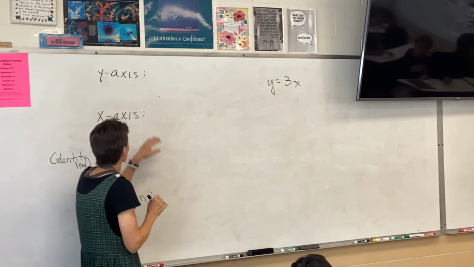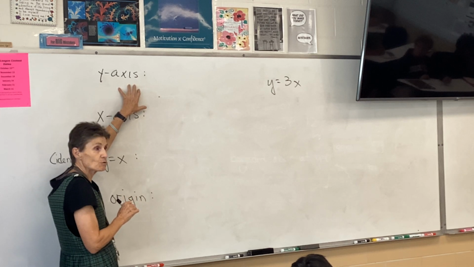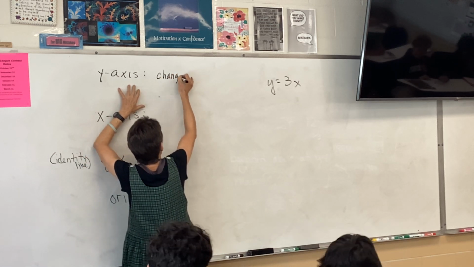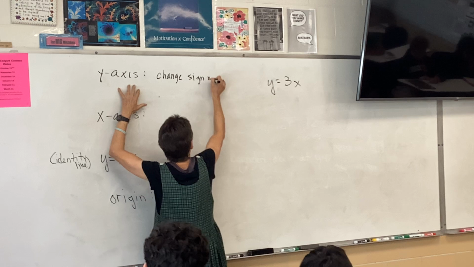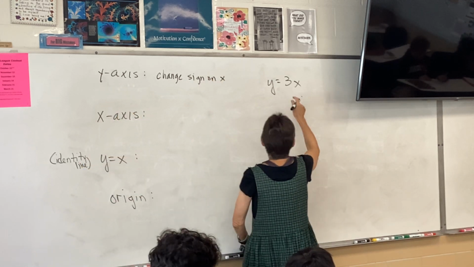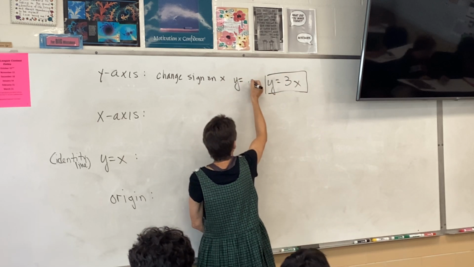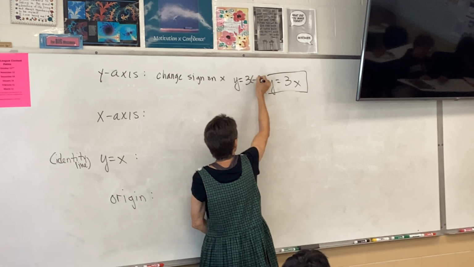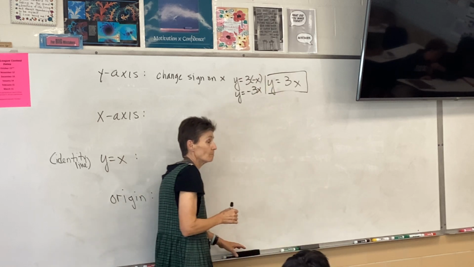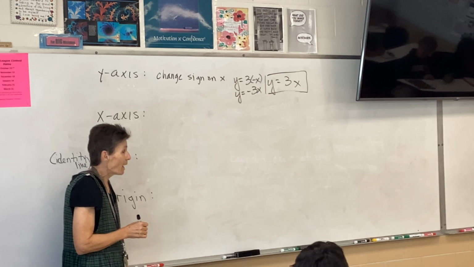Okay, so here's what you do. If you are testing for symmetry about the y-axis, you change the sign on x. So for my equation, it would be y equals 3 times negative x, or y equals negative 3x. That's how I test for symmetry to the y-axis.